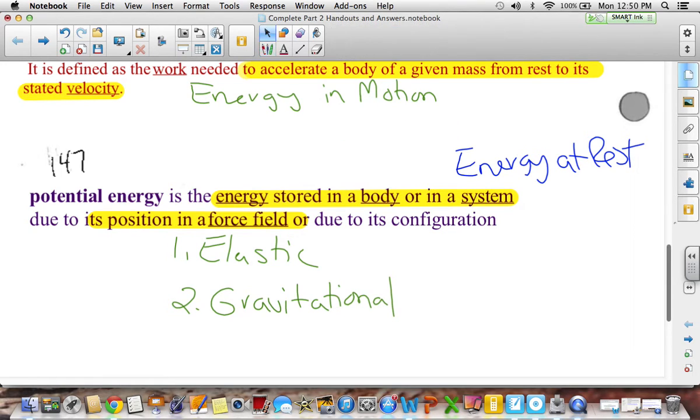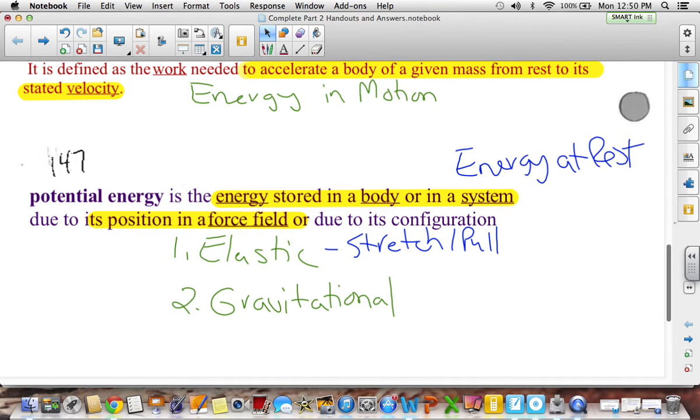Gravitational is stored energy. Now, elastic energy is a stretch. This is where you stretch or pull something back, like a rubber band or a spring. You could also push it together.